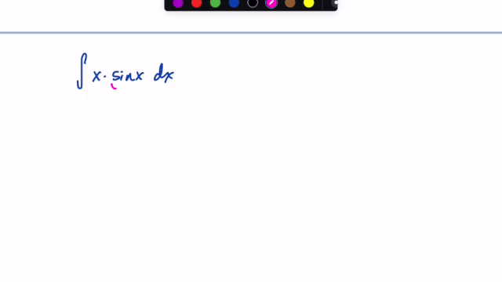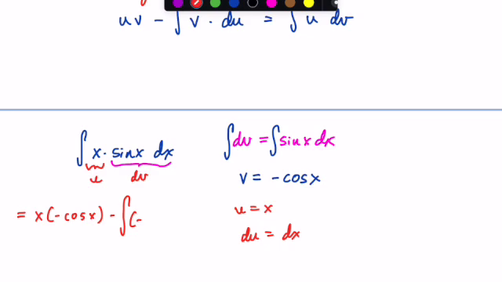I'm going to rewrite this as u times v, so x times negative cosine of x, minus the integral of v, which I'll keep as negative cosine x right now, du, which is dx.